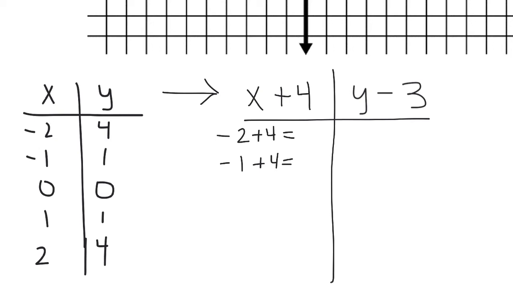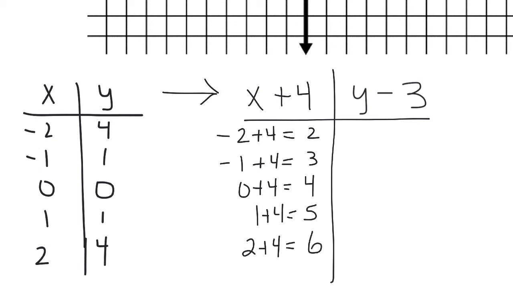So I've got -1 plus 4, 0 plus 4, 1 plus 4, and 2 plus 4. So -2 plus 4 is 2, -1 plus 4 is 3, 0 plus 4 is 4, 1 plus 4 is 5, and 2 plus 4 is 6. So these are my brand new x values for my transformed parabola.